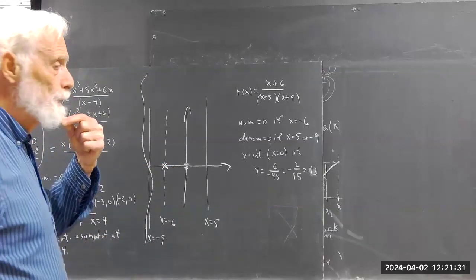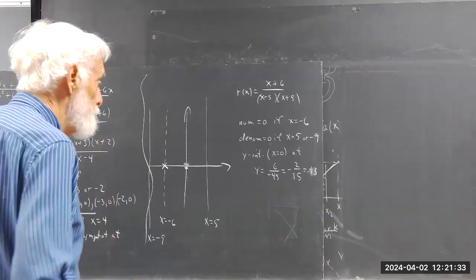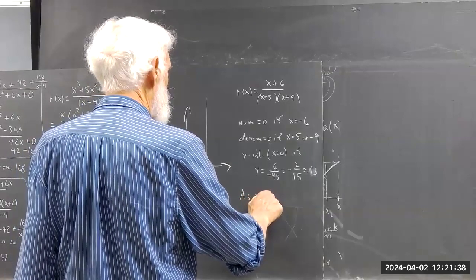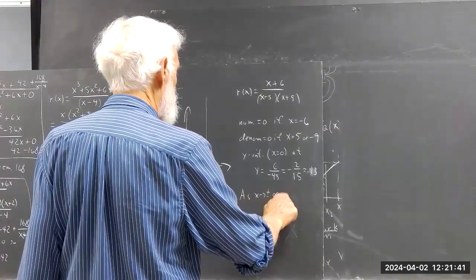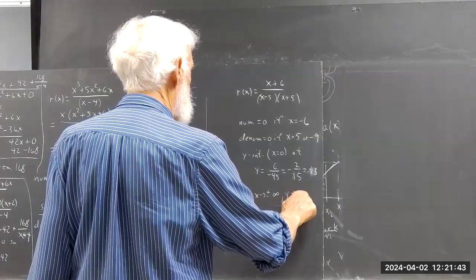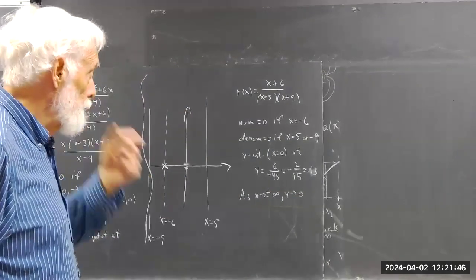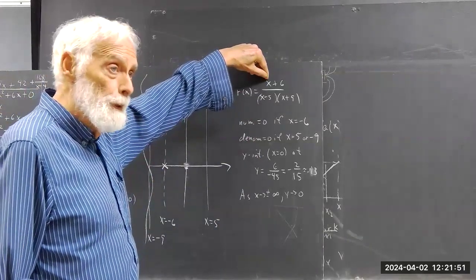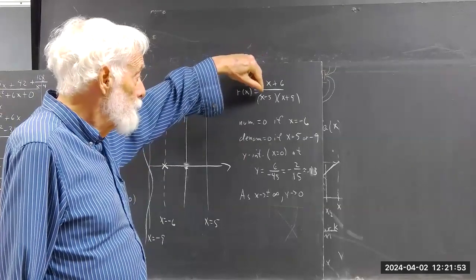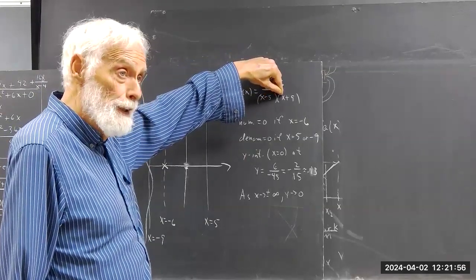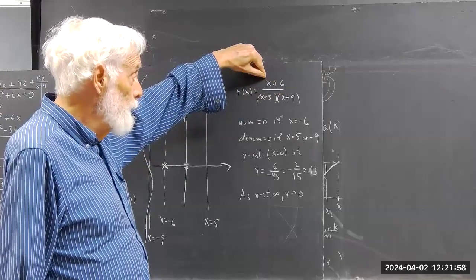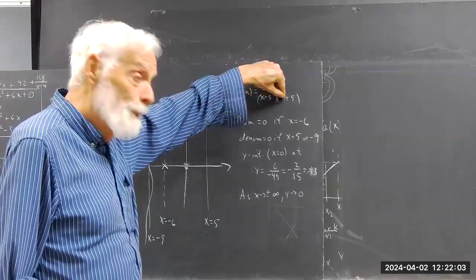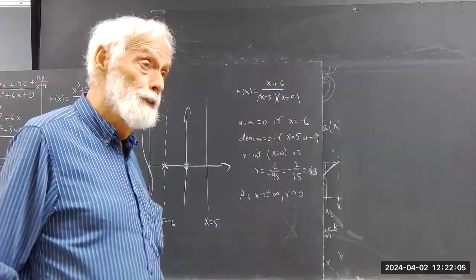Okay, if x gets really big, y would go to 0. Why? Because if x is really big, then x plus 6 is really big, right? But so is x minus 5, and so is x plus 9. Now, if you divide something that's really big by something else that's really big times something that's really big, you get something pretty close to 0.